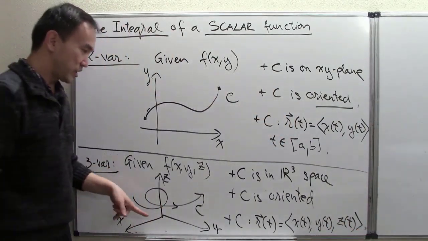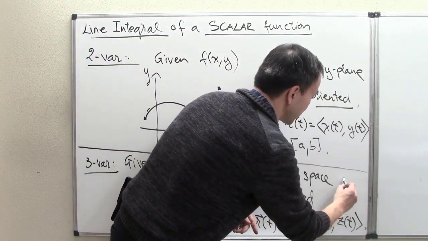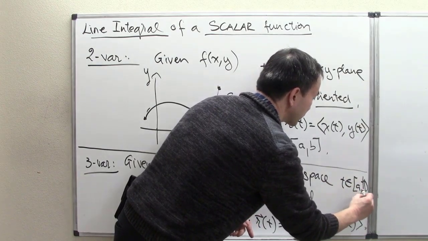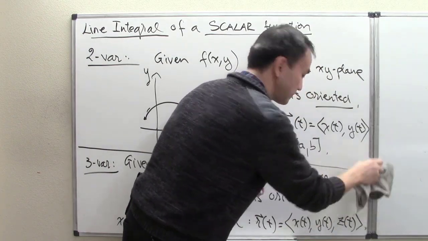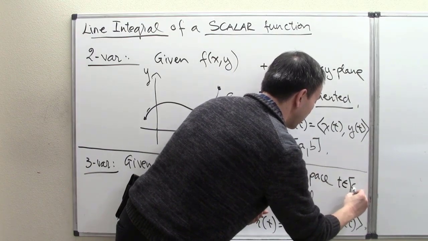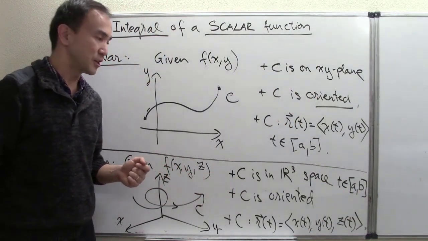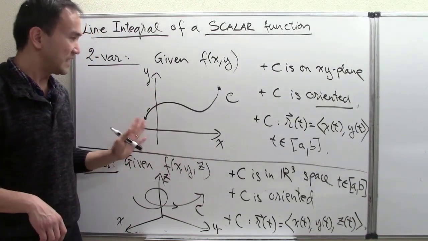And of course we're allowing t to change in an interval from a to b. All right, so that's the two different versions right there. And so now the idea is like this.